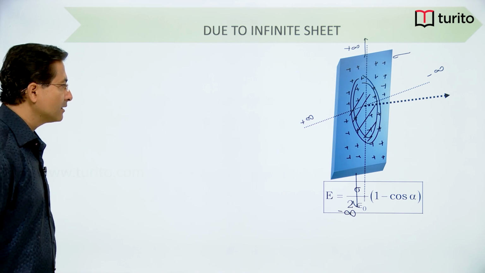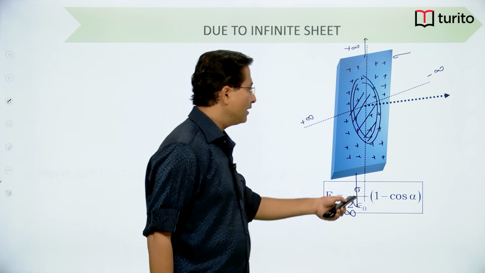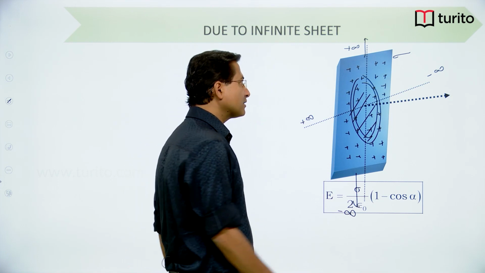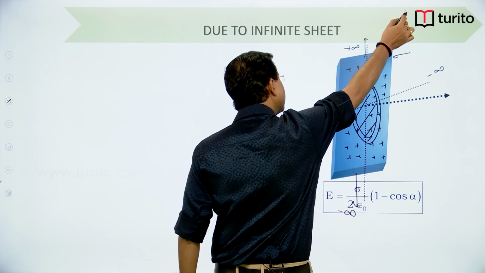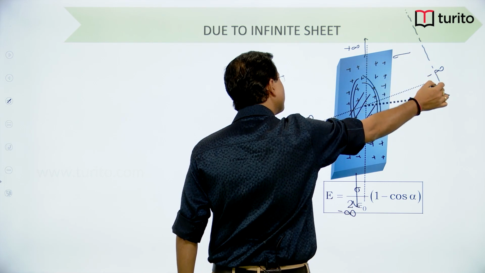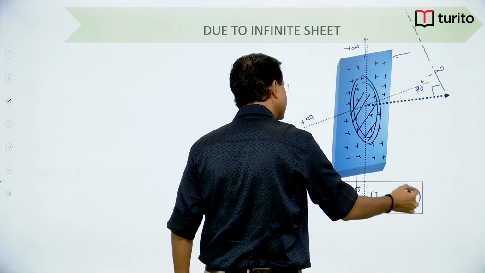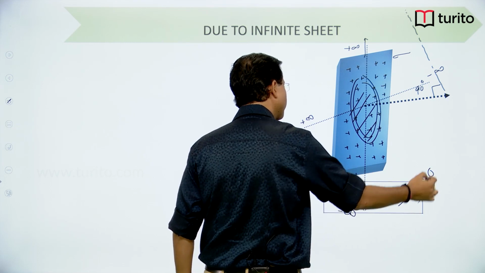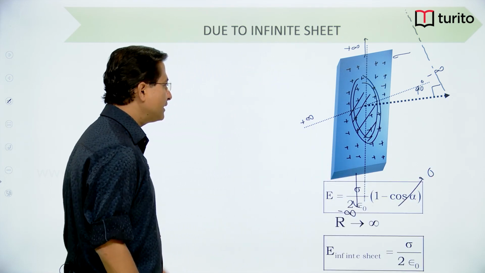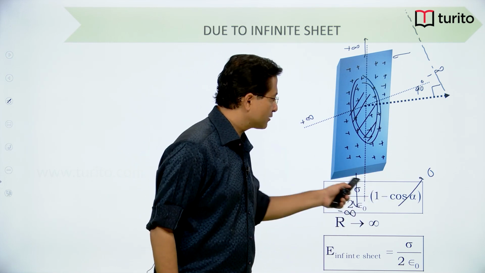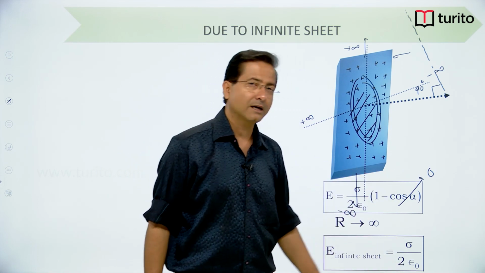So in the expression sigma over 2 epsilon naught times (1 minus cos alpha), now look at this one: if this is going till infinity, this angle will tend to pi by 2. If this angle tends to 90 degrees, then this term will tend to 0. So as r tends to infinity, this term tends to 0, and the expression becomes sigma upon 2 epsilon naught.